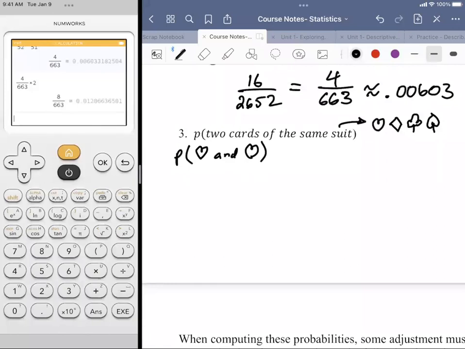Like if you're working on a flush, you're playing poker, maybe five-card poker. You're working on a flush, and you have 3 hearts in your hand, and you throw down the remaining 2 cards. If you get 2 additional hearts, you don't care which one came first, the 2 of hearts or the jack of hearts. I got 2 hearts, now I have the flush. All right. But they said the same suit, so it could be the case that we have a diamond and a diamond.